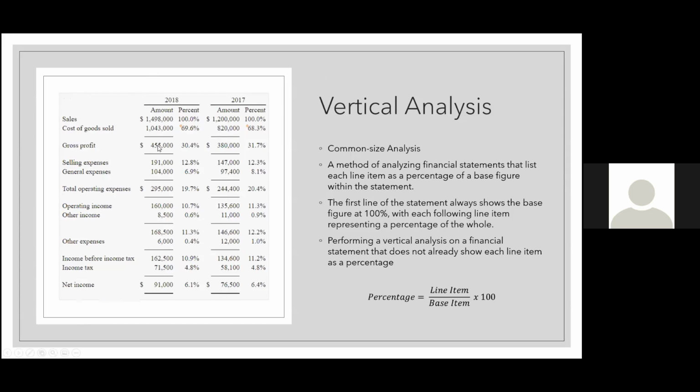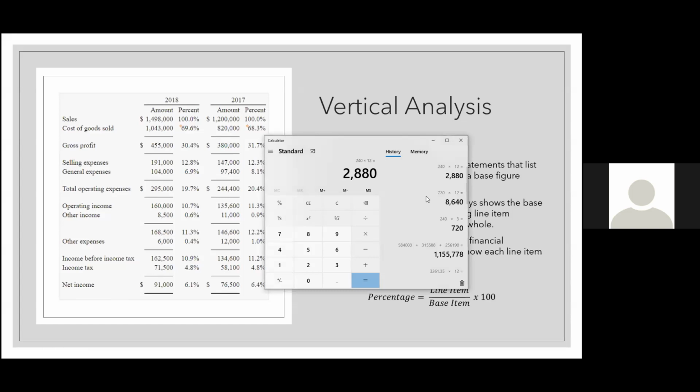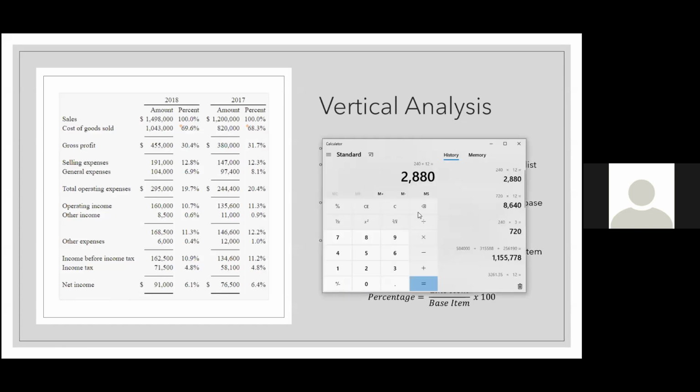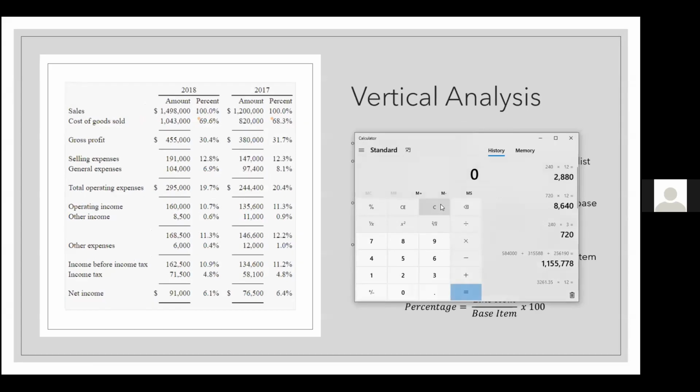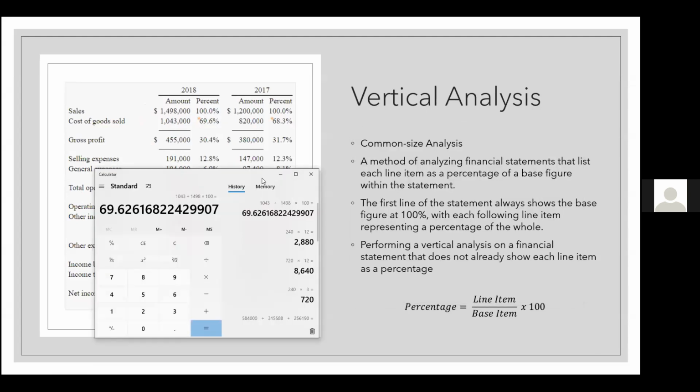So it says here that cost of goods sold is 69.6% of sales. To compute the 69.6%, the total cost of goods sold for 2018 is 1,043,000, so 1043 divided by your 1498 times 100. That's how we obtain the percentage of cost of goods sold.